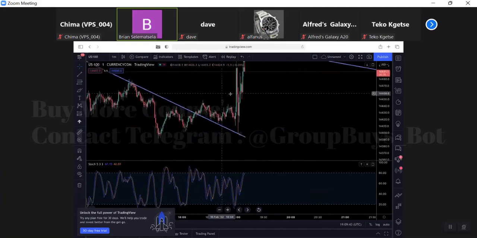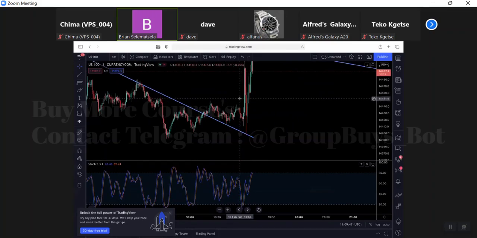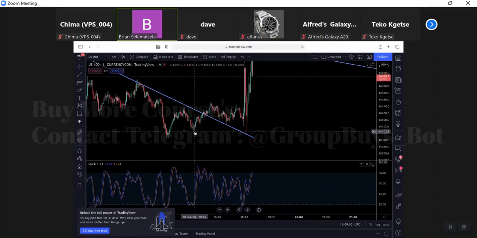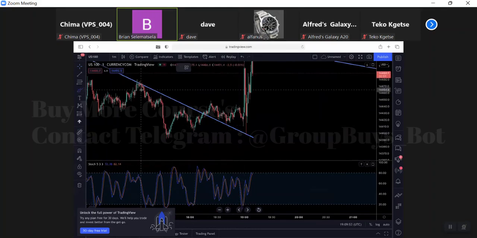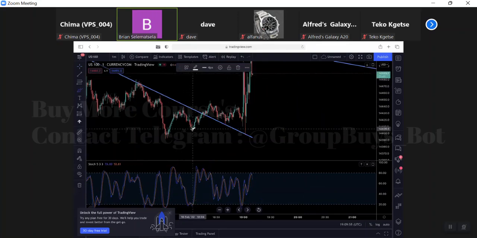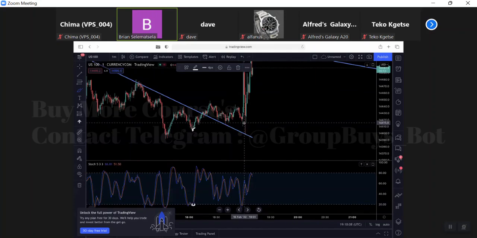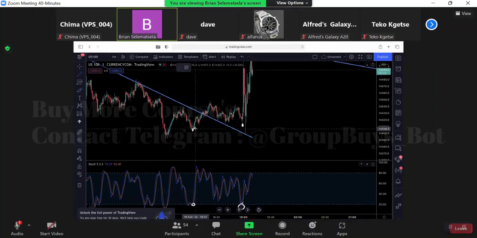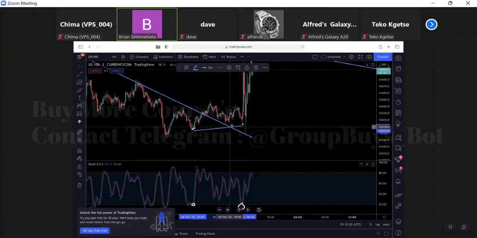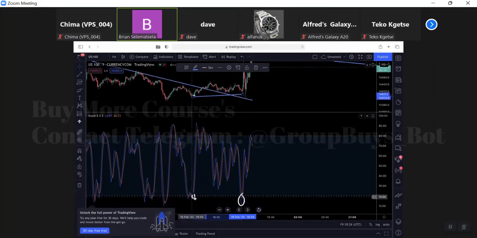And of course, when you want to buy, you'll take a look at the divergence, and from the divergence, you'll be able to spot that from this point to that point, from this point to that point, you can see that when the market was here, the stochastic was there.